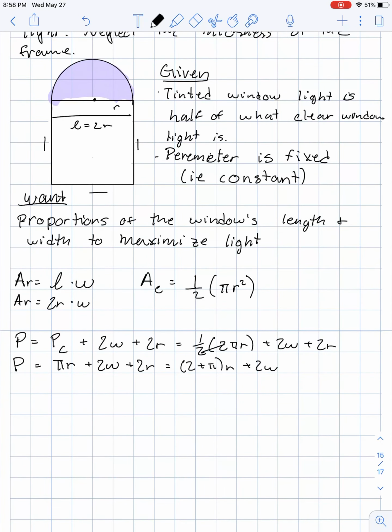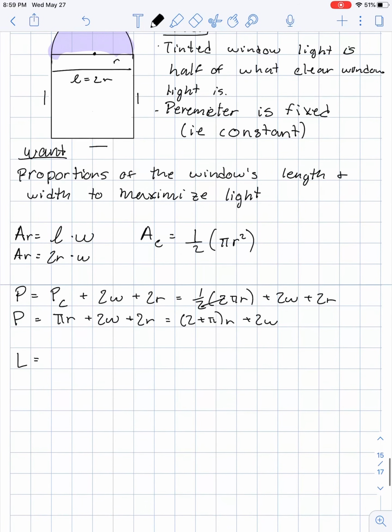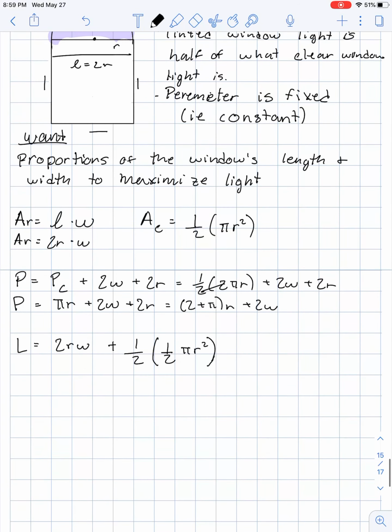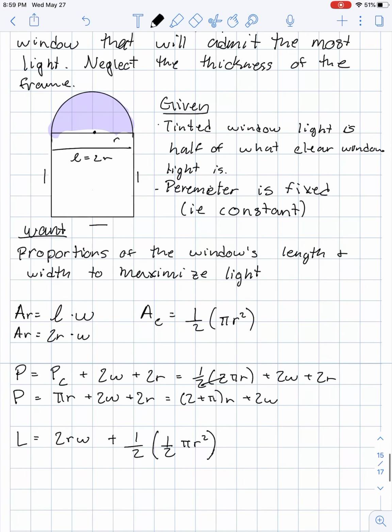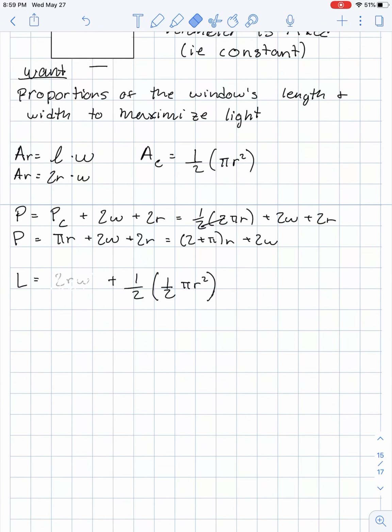All right, cool. So now using these two areas, I can make an equation for the light that's being let in. So the rectangle is going to let in all of that light. So all of 2r times w is going to shine through. Plus only half of the light from the area of the tinted part is going to come through. All right. So let me write that, and then I'll rewrite it.